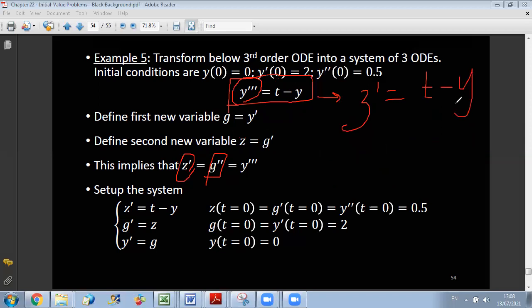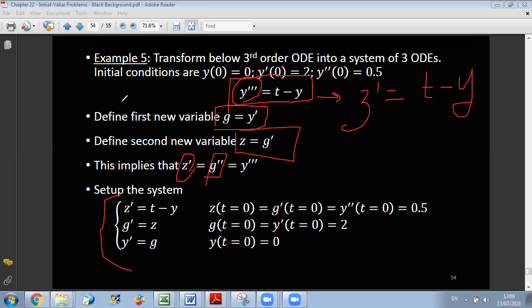Now what are my two other equations? Just the change of variables I did. I defined g as y prime and I defined z as g prime. As you can see, I don't see any derivative of order 2 or order 3 in this system. All my derivatives are first order. In this way, I have transformed a third order differential equation into a system of three first order equations.